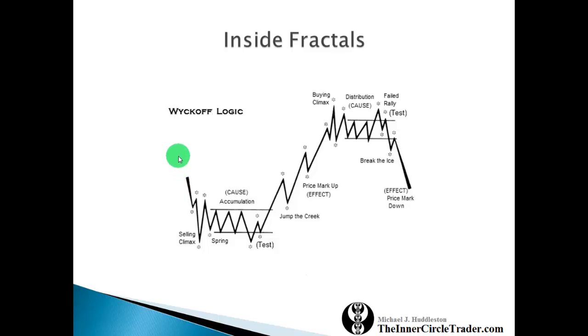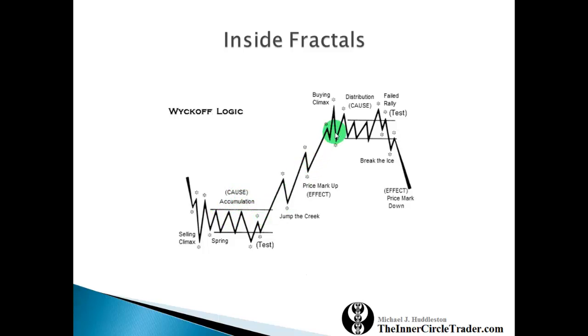You know, they'll always talk about the selling climax. Okay, then it goes into a consolidation. Okay, this is the spring, and then the test, the false break lower, and then it shoots back up. It jumps the creek here. Okay, this is the cause.